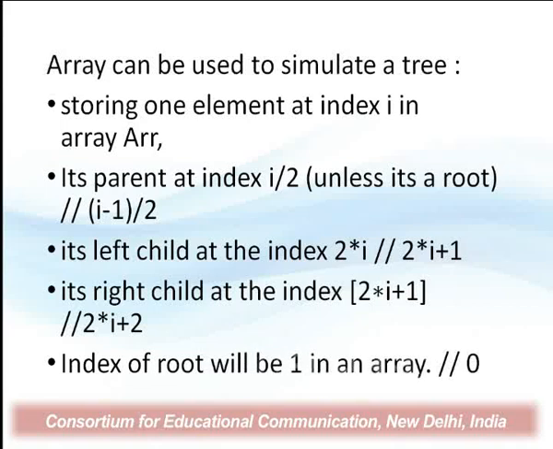We need to store one element at index I inside the array, and the name of the array I am assuming here is ARR. Its parent node will be at index I divided by 2, I by 2, unless it is the root, because we are aware that the root has no parent.